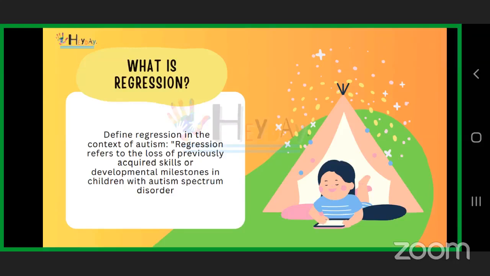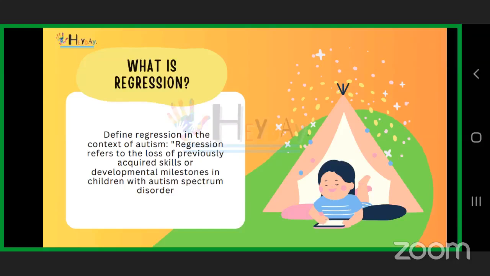It refers to the loss of previously acquired skills. It could be language, social skills, motor skills, even behavioral. It's just the loss of that skill that the child has acquired, and the child also doesn't find it nice, mainly if it's from the educational settings.